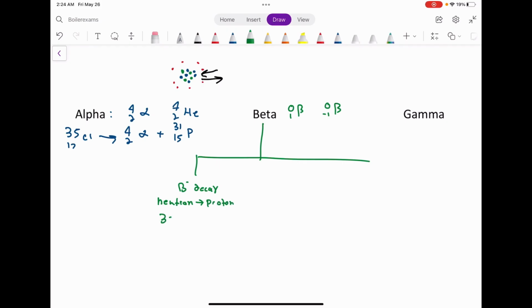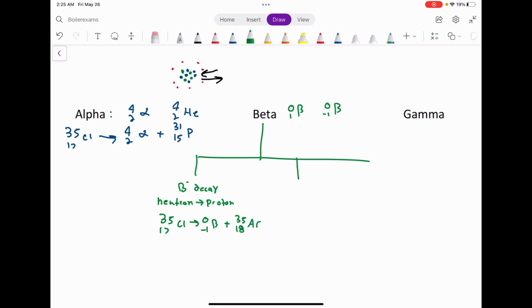So say again, let's take the same example, chlorine 35, and we're emitting an electron. If we balance this now, we know we're going to get 18 and 35, which is argon. Comparing the chlorine 35 to argon 35, we can see that the mass number stayed the same. So the neutrons stayed the same, but the atomic number increased by 1. So we just converted a neutron into a proton.